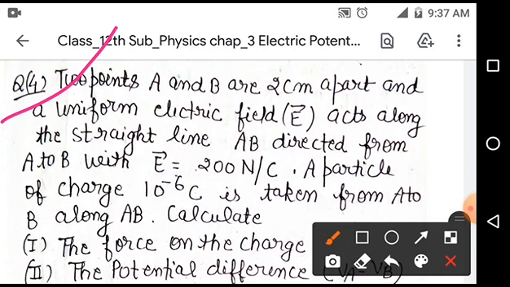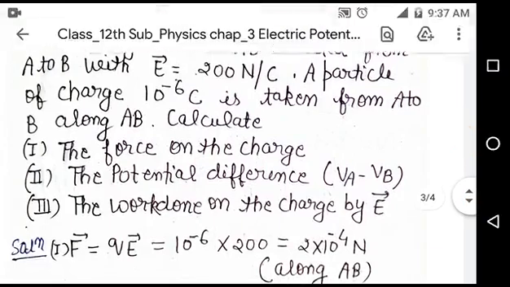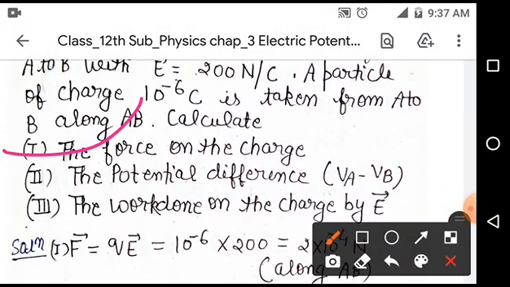A particle of charge 10 to the power minus 6 Coulomb is taken from A to B along AB. Calculate first, the force on the charge; second, the potential difference VA and VB; and third, the work done on the charge by electric field E.